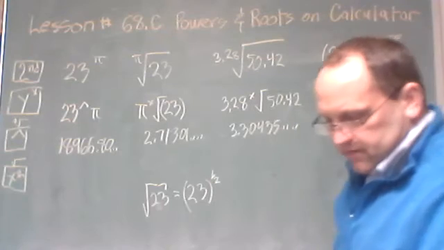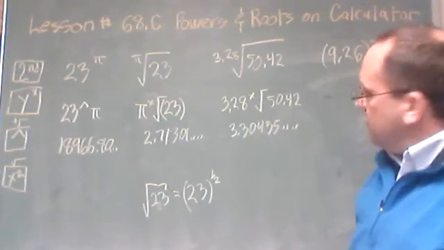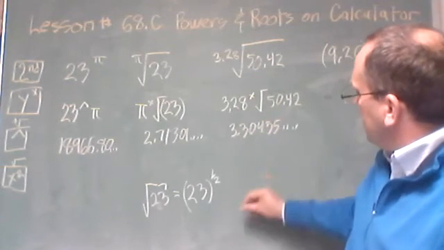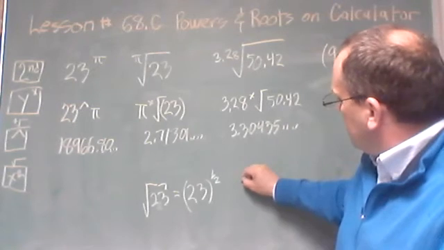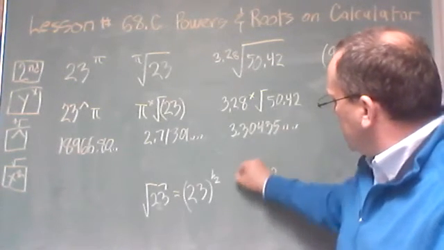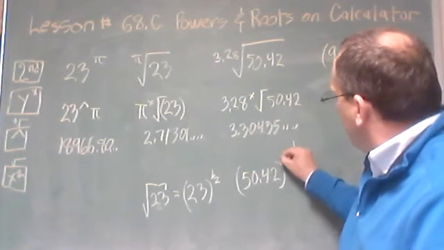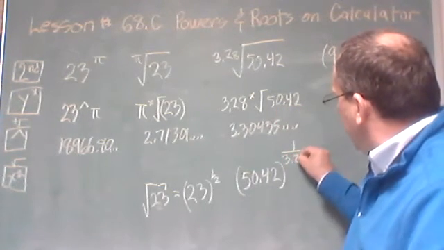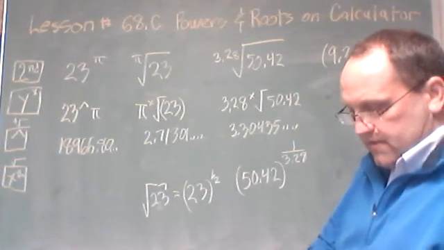Okay, 23 to the 1/2 power. So I can do the same thing up here. I can express this as 50.42. Okay, I'm going to raise it to the 1 over 3.28 power. Okay, well, how do I do that?